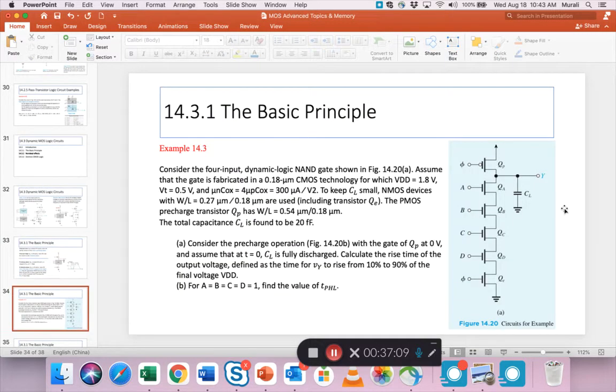All right, I have one example which is in your textbook, 14.3, which again is a little bit like some of the earlier stuff we did. It's a little tricky. So this is a dynamic MOS NAND gate.